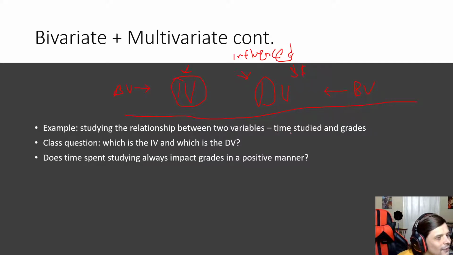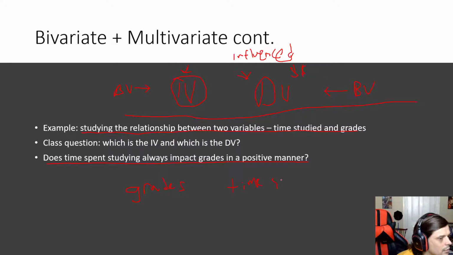You can look at it down here and say, okay, you have the relationship of studying the relationship between two variables, time and grades. Does time spent studying always impact grades in a positive manner? Now, what I'm going to do here is you have a relationship. You're saying my grades and time studied.